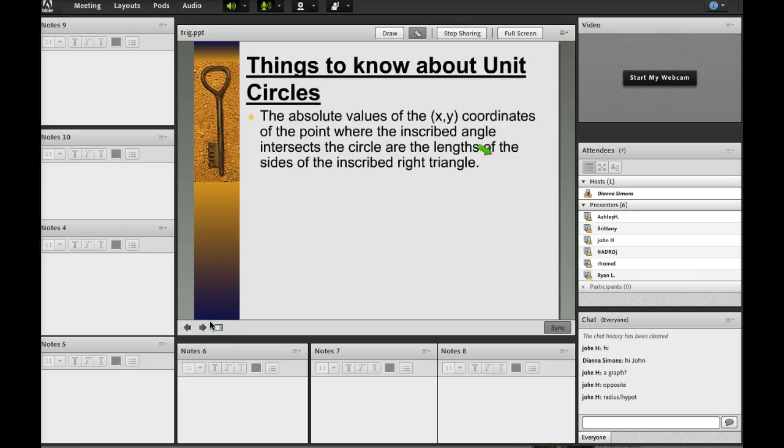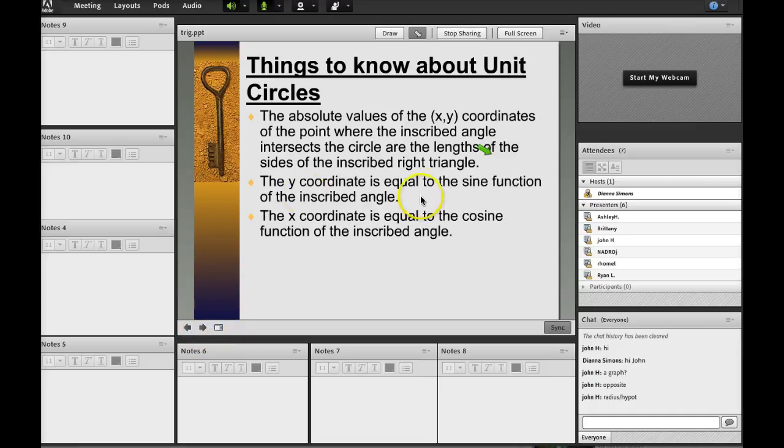All right, things to know about the unit circle. The absolute values of the x and y coordinates of the point where the inscribed angle intersects the circle are the lengths of the sides of the inscribed right triangle. A lot of words. What does it mean? I'll show you. The y coordinate is always the sine.